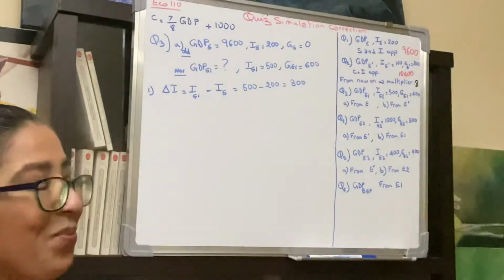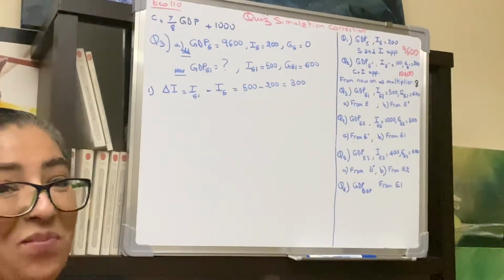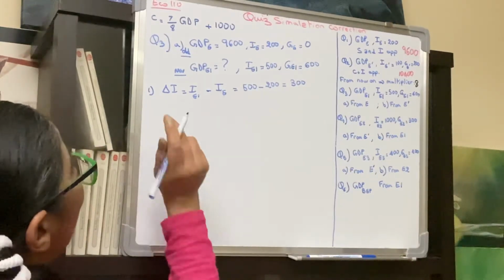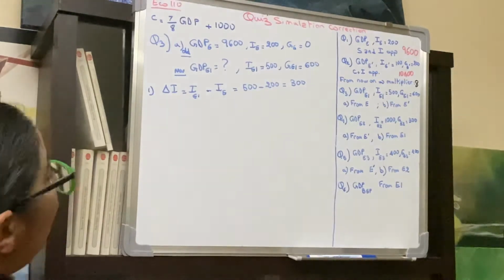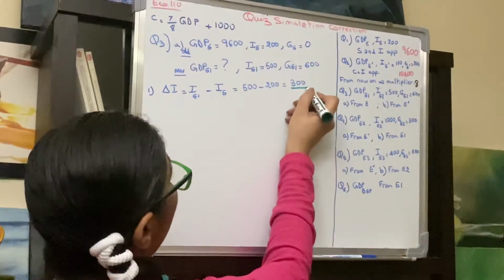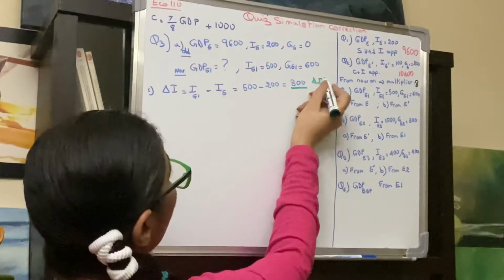Okay? Easy? Now, I need to put it in using a color. So that is my delta I, just to remember it.